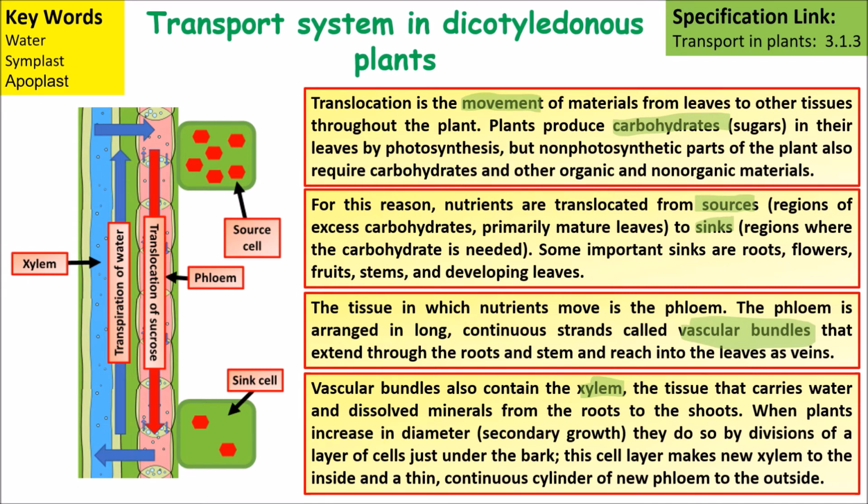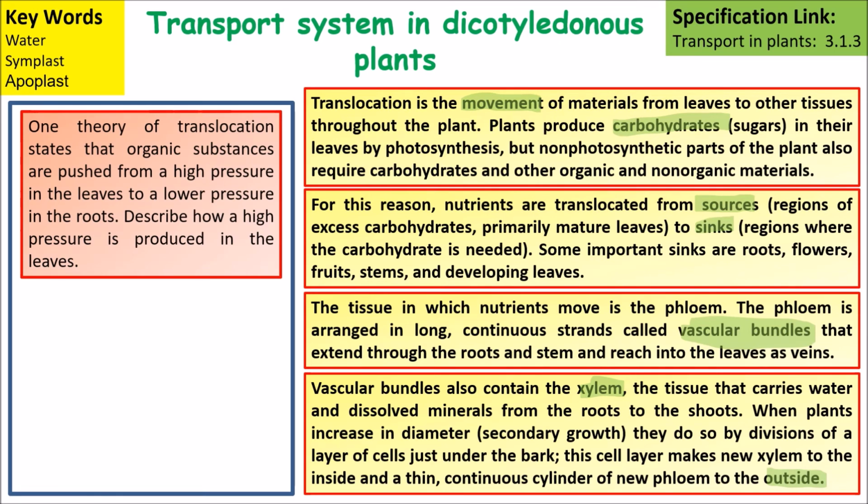When plants increase in diameter, this is secondary growth, they do so by divisions of the layer of cells just under the bark. This cell layer makes new xylem to the inside and a thin continual cylinder of new phloem on the outside of the plant.